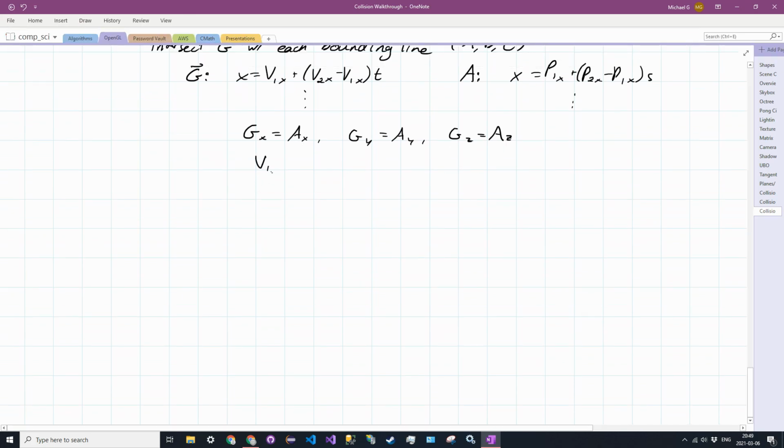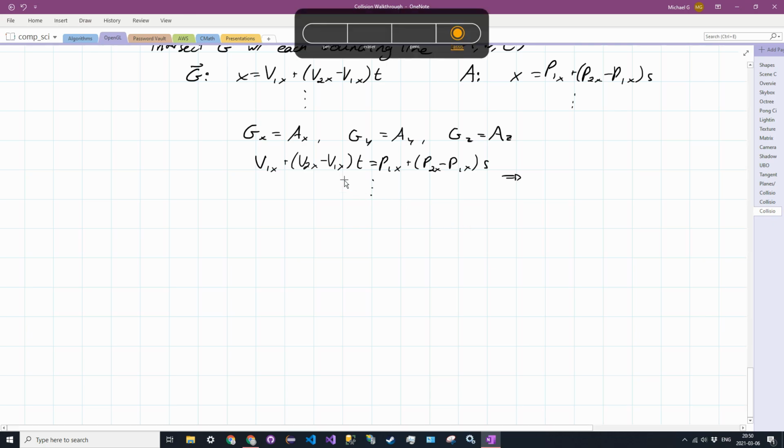So v1x plus v2x minus v1x times the parameter t is equal to p1x plus p2x minus p1x times the parameter s. And if we do this for the same, we'll find that we get the equation with the coefficients on the same side.